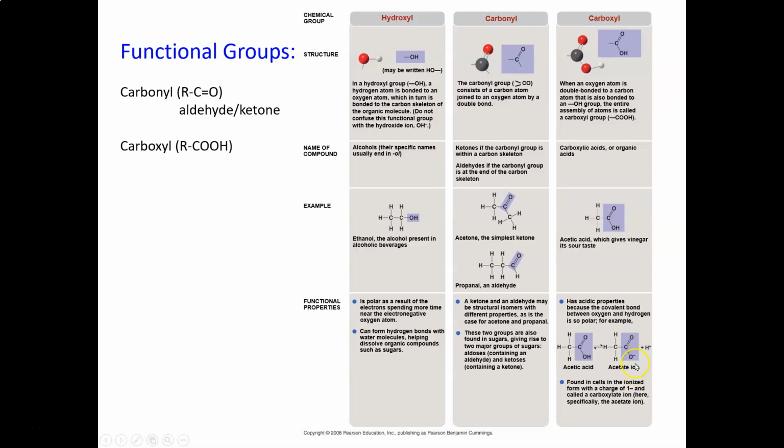So when it has the hydrogen bound, it's called an ic acid, like acetic acid, or we'll talk about pyruvic acid or lactic acid. All of those is when the hydrogen is bound. When that hydrogen dissociates and diffuses away, then it's often called an ate.